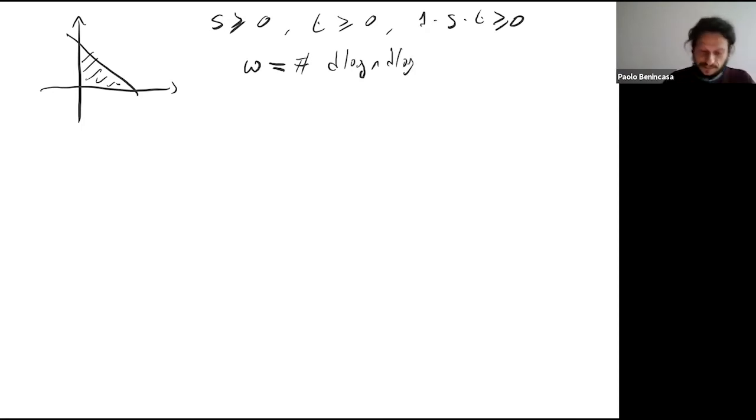Or said in a different way, to be more explicit, write it explicitly in terms of the coordinates, which in this case are s and t.